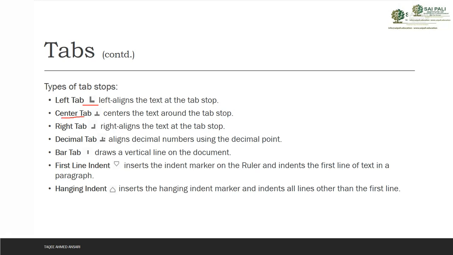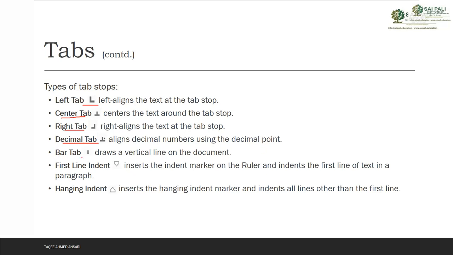If I select the center tab, it will center the text around the tab stop. If I select the right tab, it will right align the text at the tab stop. If I select the decimal tab, it aligns decimal numbers using the decimal point as the alignment option. I will show you how it works.